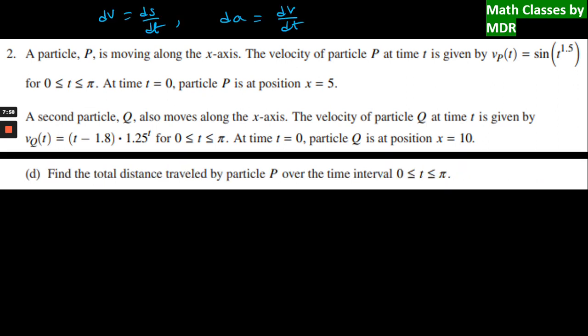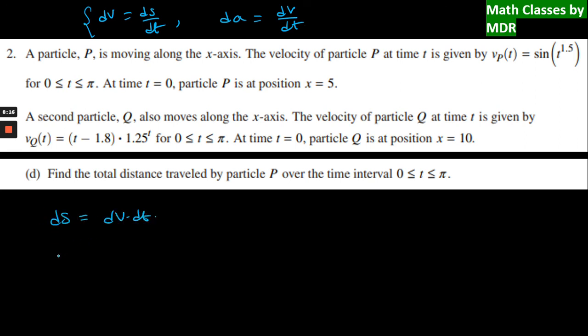Now let's go to the fourth part of the question. Find the total distance traveled by P over the time interval 0 ≤ t ≤ π. This is a very simple one. If you want to find the total distance, we have v = ds by dt, right? So ds is nothing but v dt.